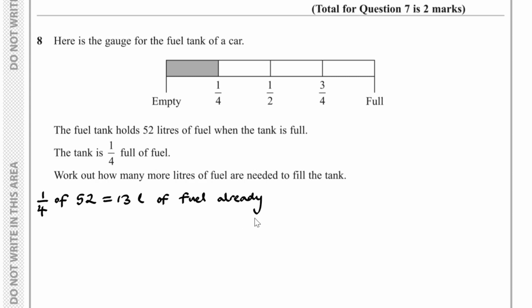And therefore, to find out how many more litres of fuel we need, the tank holds 52 litres, and therefore 52 take away 13, this is 39. So 39 litres of fuel is needed.